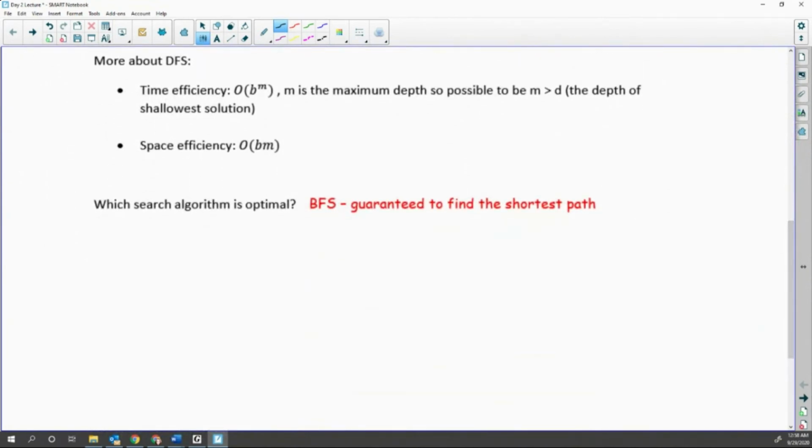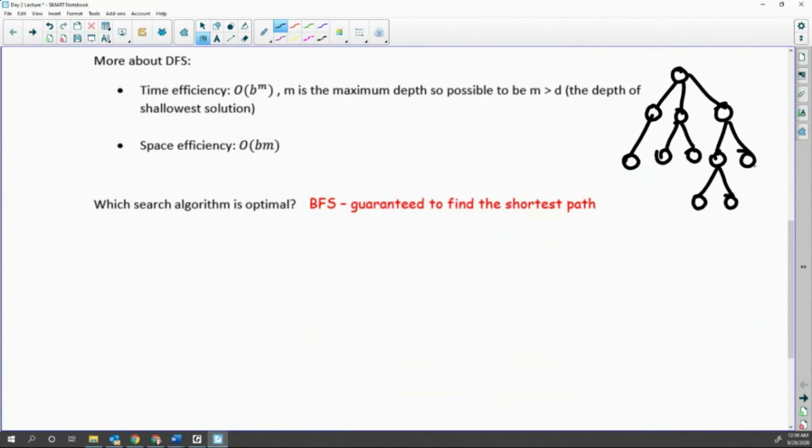DFS. DFS has M. M means maximum depth. So it's possible to be greater than the depth of the solution. For example, say I have a tree like this.